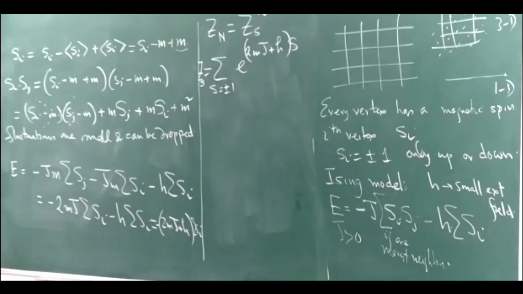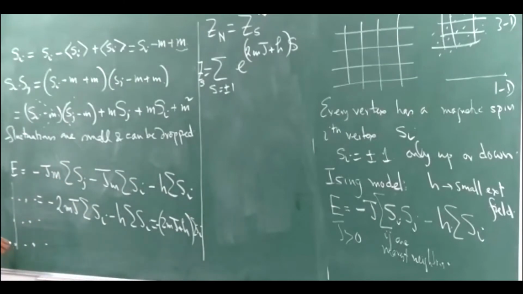And therefore, what I have is this business over here, and essentially it's a question of how we have broken it up into couplings, where I have J M S_i.